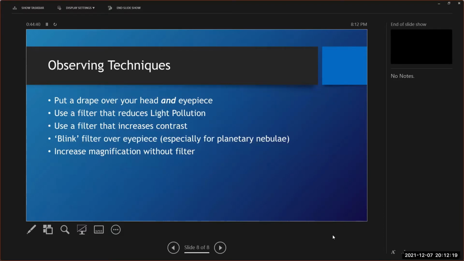So, two observing techniques. And I know that's why the new observers are here. What can we do to make our views look better? Well, we already covered the lunar and the solar, and we covered the planetary.